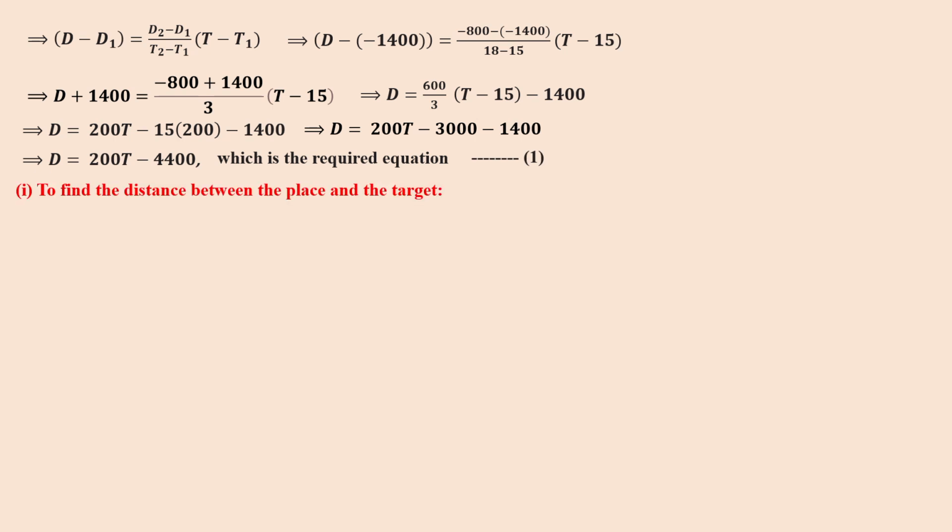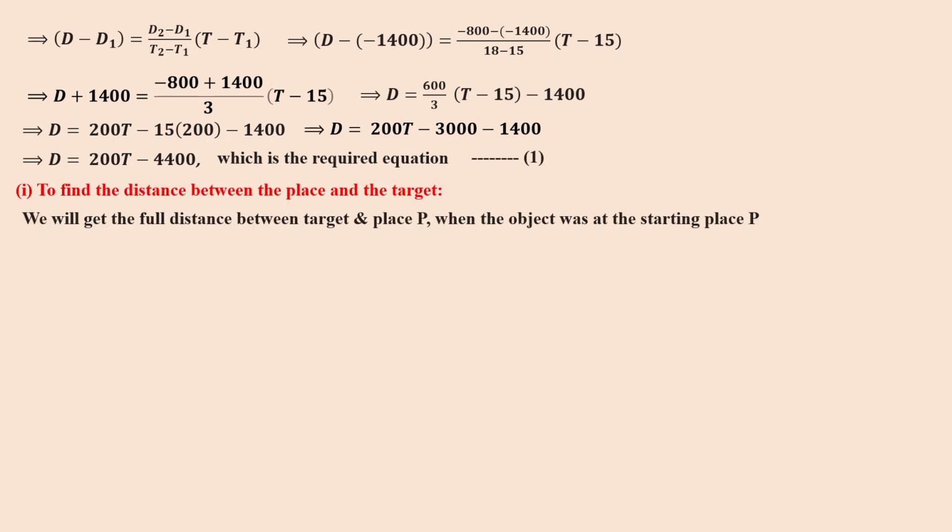To find the distance between the place and the target, we need the full distance from the starting place to the end place, the target. So between the target and the place P, when the object was at the starting place P, the object has to cover the full distance, starting point to end point, right?